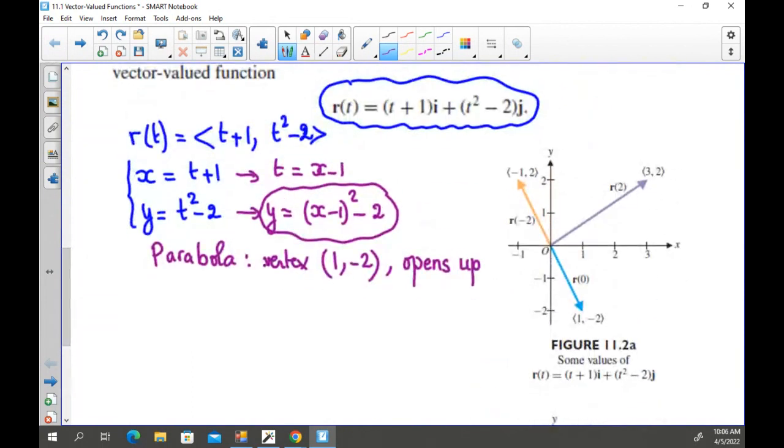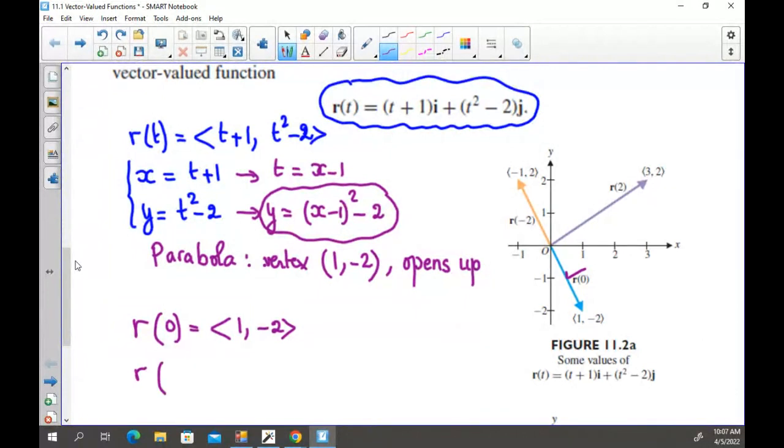So basically, this function, by the way, for example, let me find some vectors. For example, what is r(0)? It will be the vector (1, minus 2). Very good. Yeah, (1, minus 2), which is the blue vector here. Can you see it? Sorry, shall I move this thing? Or are you okay with it? Okay. So r(0) is the blue vector. Yeah.